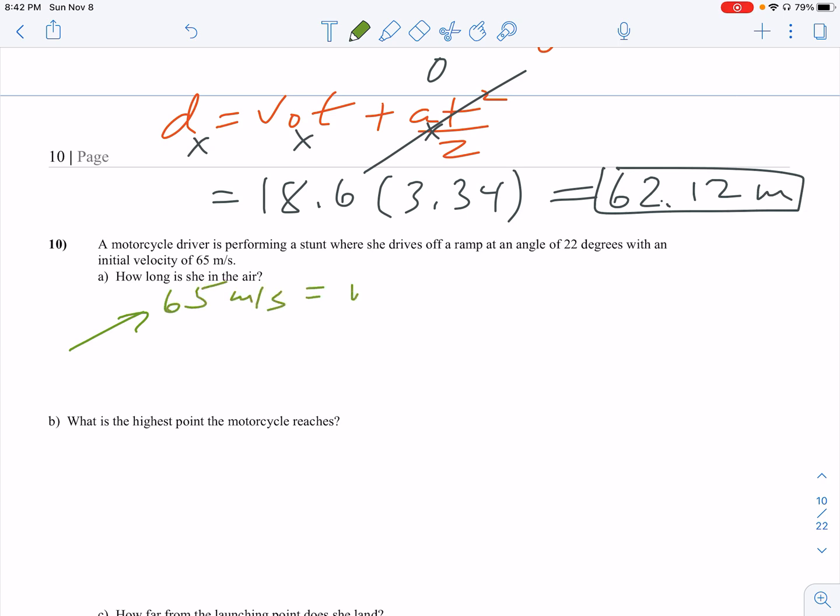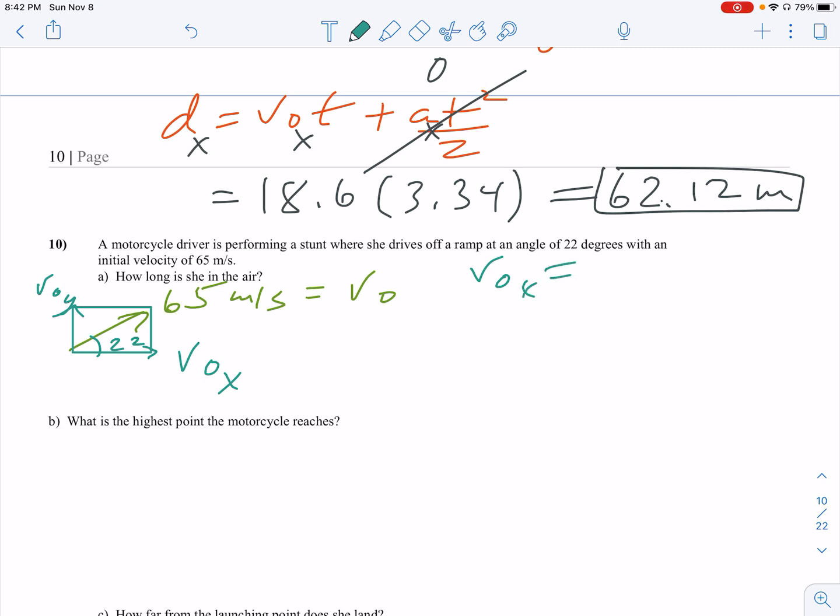That's my v0. And it's at an angle of 22 degrees. Okay, so we have v0x, v0y. Let's find those right now.